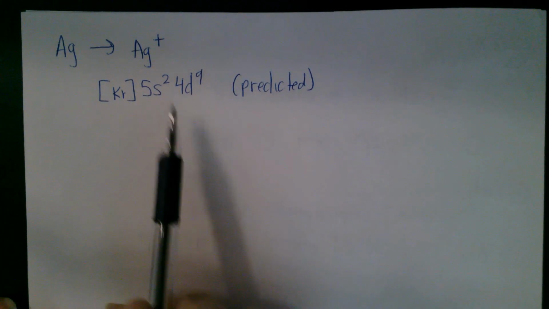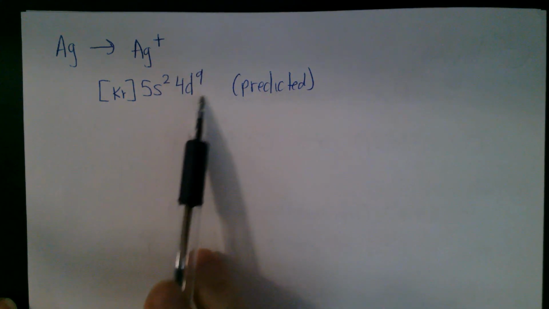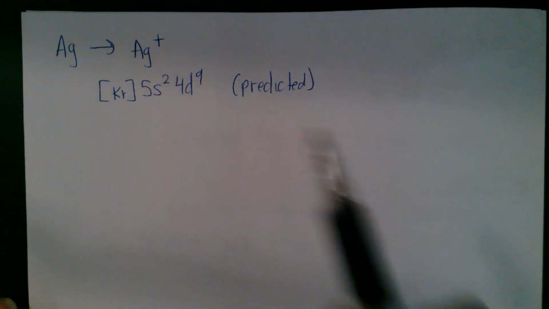Okay, so let's talk about one of our exceptions, or one of the things we memorized as being type 1. So from the periodic table, we memorized that silver is a type 1 cation and it forms Ag+. So let's take a look at why that is. Okay, so silver, the predicted configuration is krypton 5s2 4d9, but it does fall in the family where it can fill the D subshell by taking one of these.